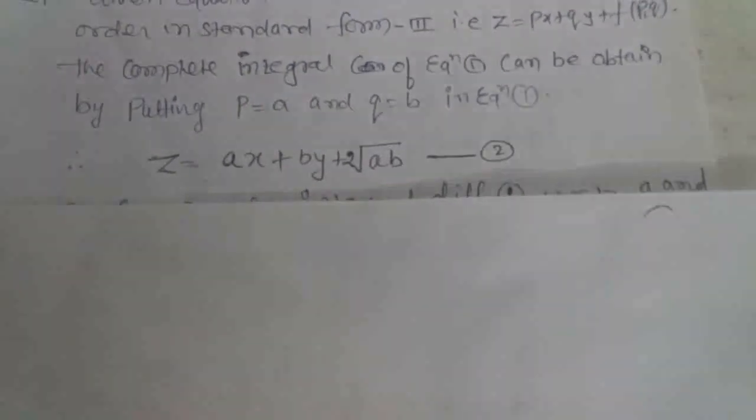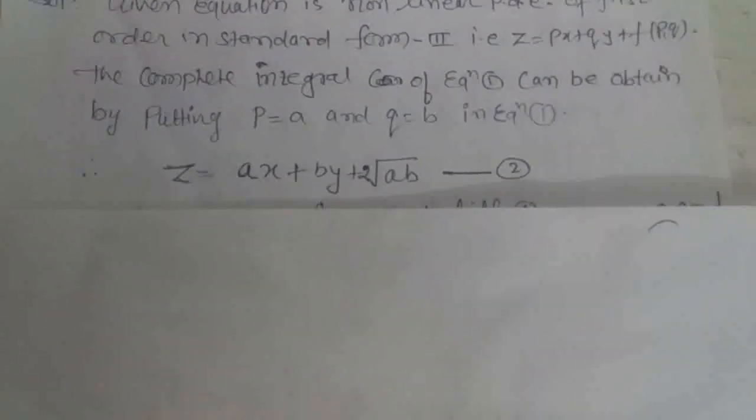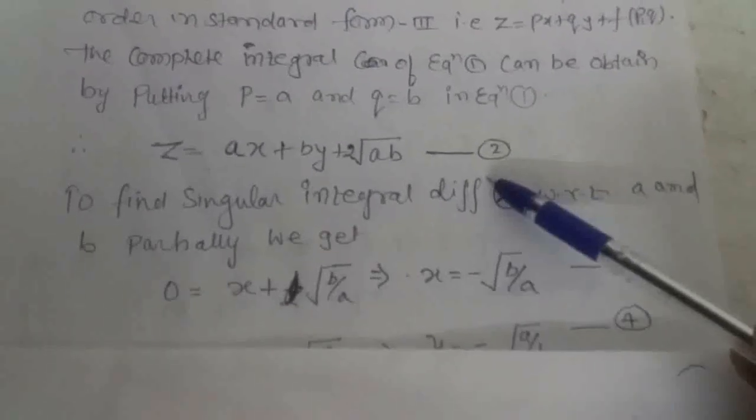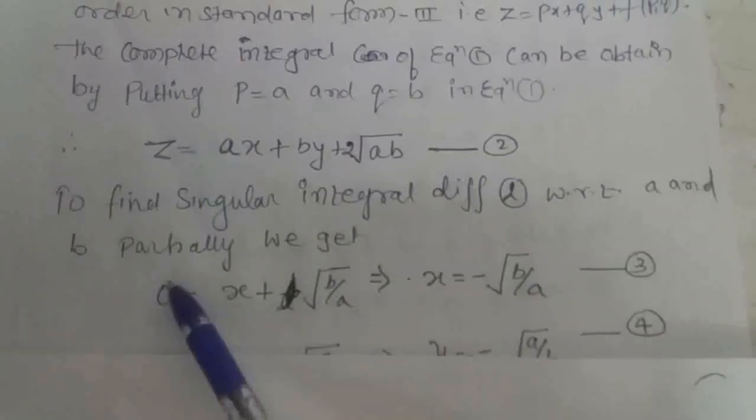Now to find the singular integral, differentiate equation second with respect to a and b partially. So when we differentiate equation second with respect to a, we get 0. The partial derivative of z with respect to a is 0.